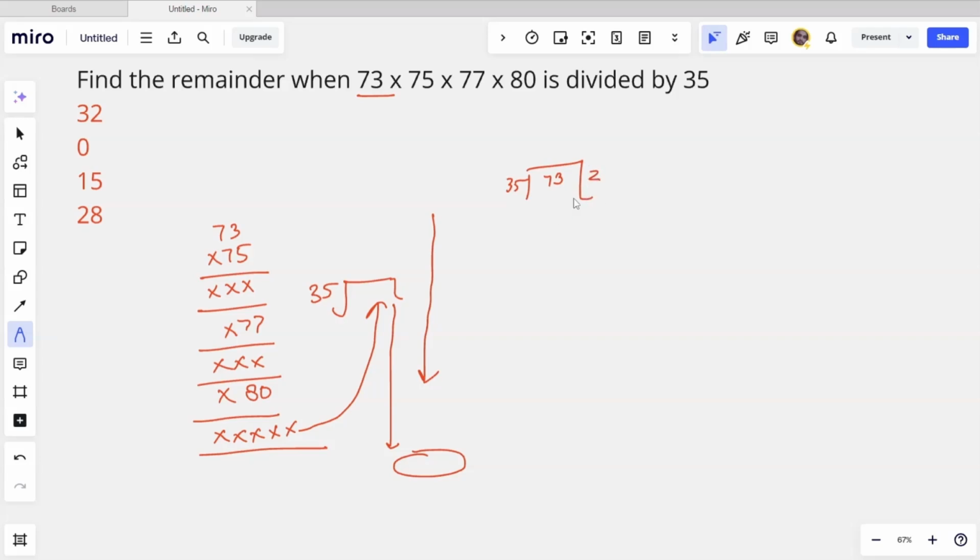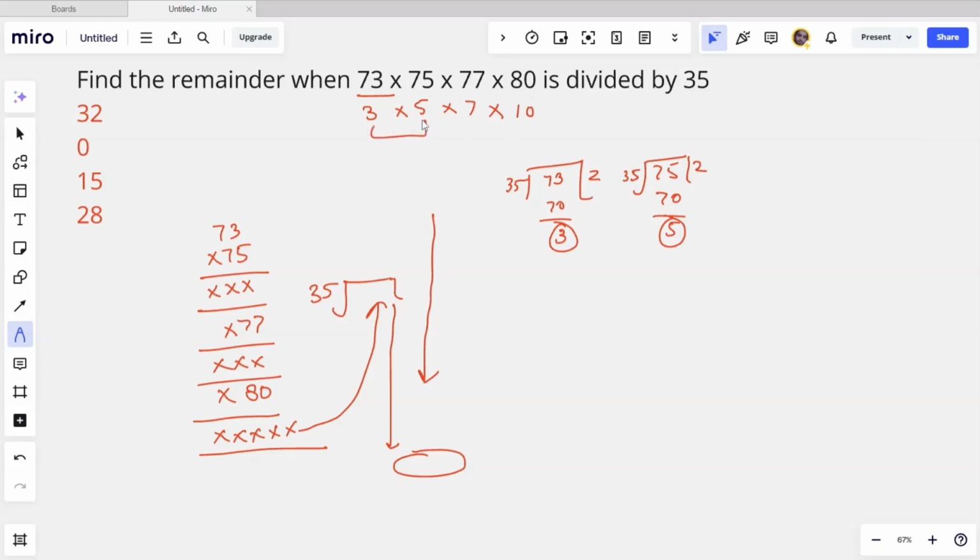The remainder will be 3, so we will write 3 here. 3 into, we will divide 75 by 35. 35 twos are 70, so the remainder is 5. We will write 5 here. If we divide 77 by 35, the remainder is 7. If we divide 80, the remainder will be 10. It means we will find the product of these numbers.